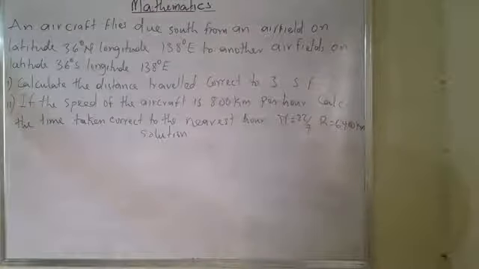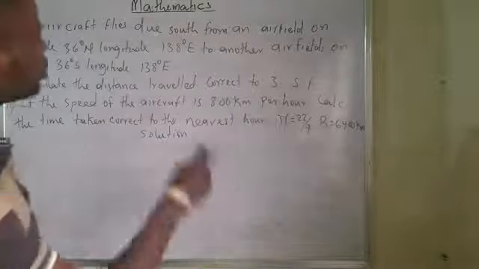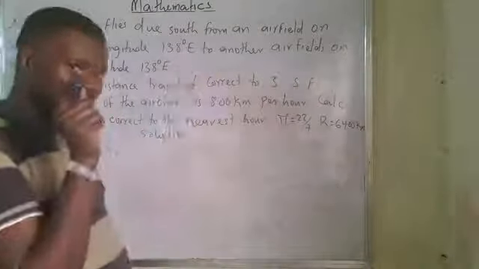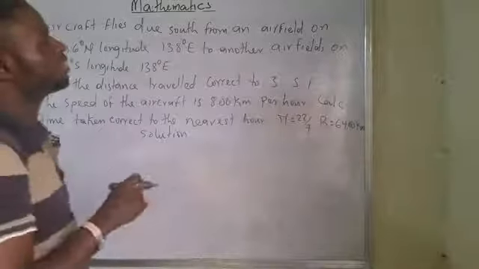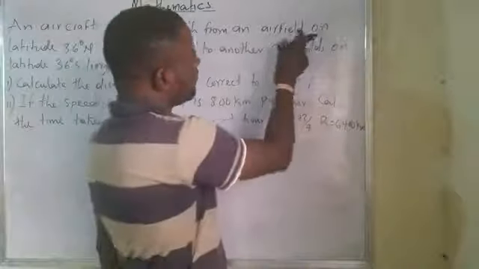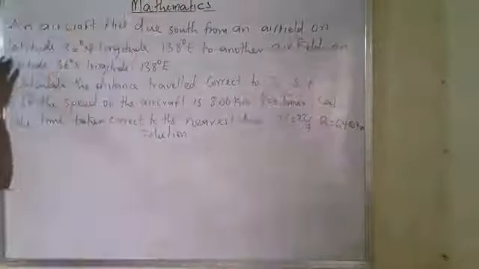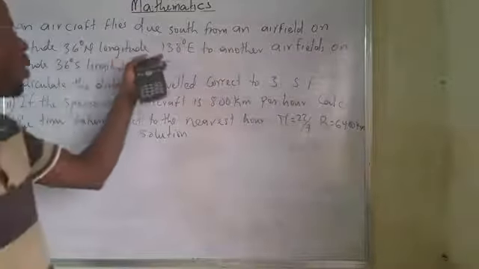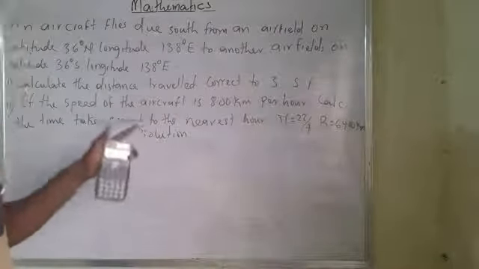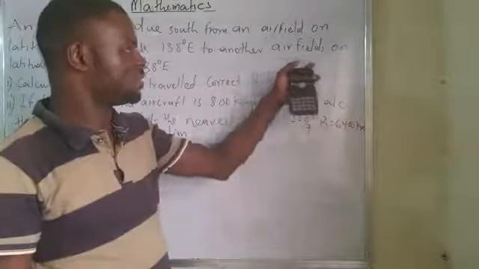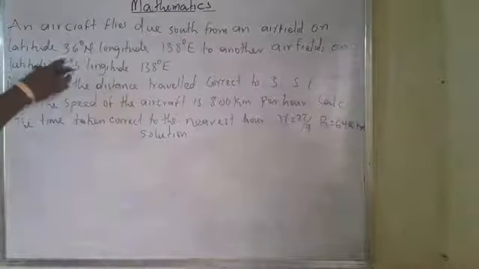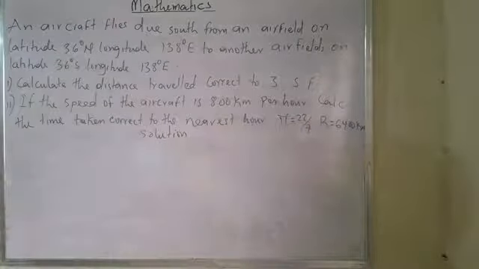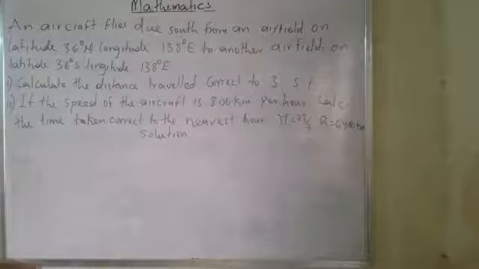The question says, an aircraft flies due south, and I will explain due on bearing, from an airfield on latitude 36 degrees north, longitude 138 degrees east, to another airfield on latitude 36 degrees south, and longitude 138 degrees east.